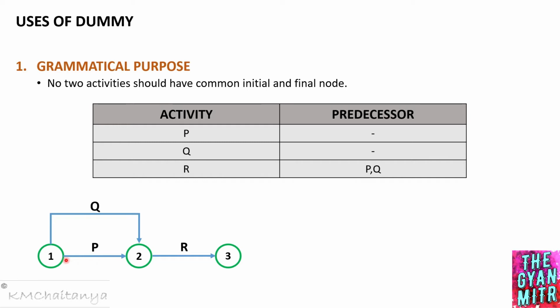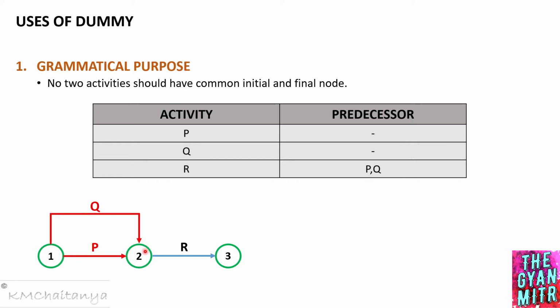But the problem arises at event number 2. Both these activities P and Q, which have a common initial event, also have a common final event.